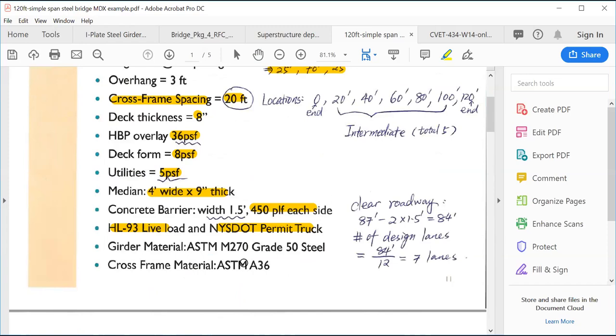Okay. And the material for the girder is ASTM M270 grade 50 steel, and cross frame material is ASTM A36. And usually the cross frame uses angle or channel, and those materials are all ASTM A36.